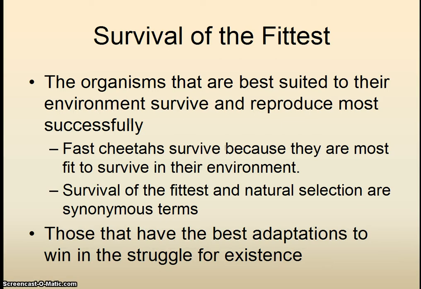Let's say it's a slow cheetah. It's not going to catch as much food. It's not going to eat as much. If a cheetah is starving, reproduction isn't really that important to it because it's just trying to get enough food to eat. So the most fit organisms reproduce more because they're healthier. And that's Darwin's basic principle here to drive his theory.